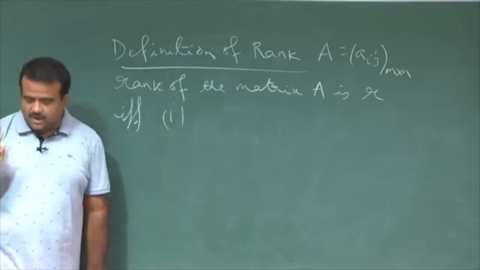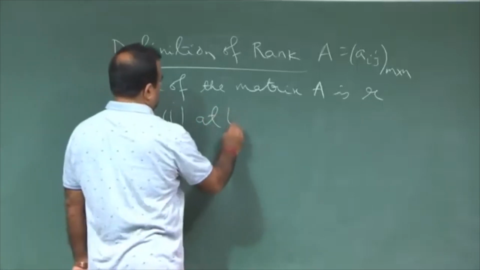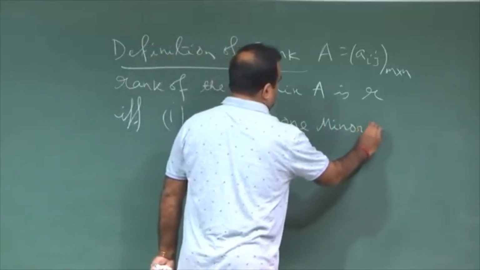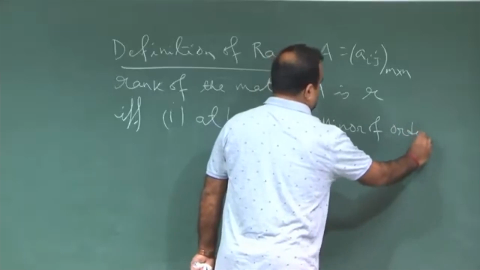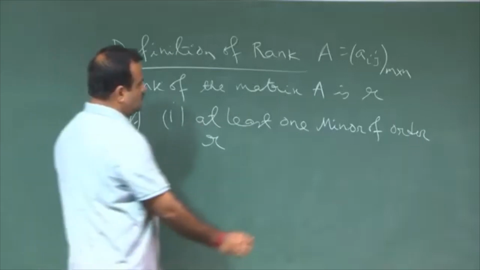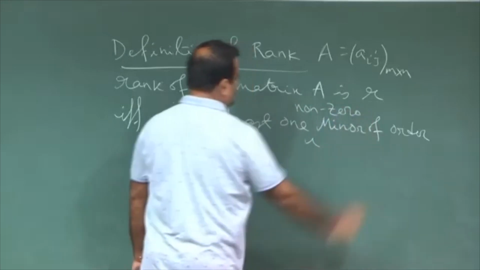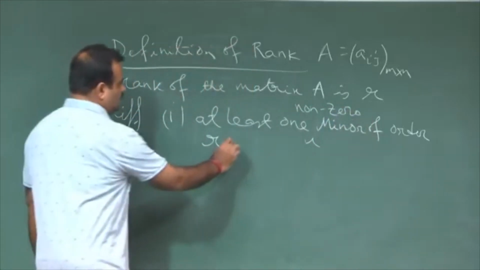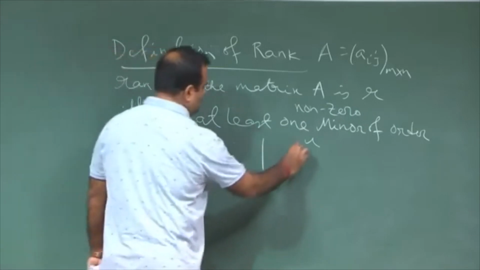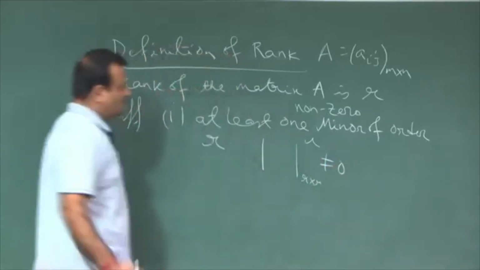We should have at least one non-zero minor of order r. That means we should have a submatrix of this matrix, and we take the determinant of that, and the size of that matrix is r cross r, and at least one such minor should exist.